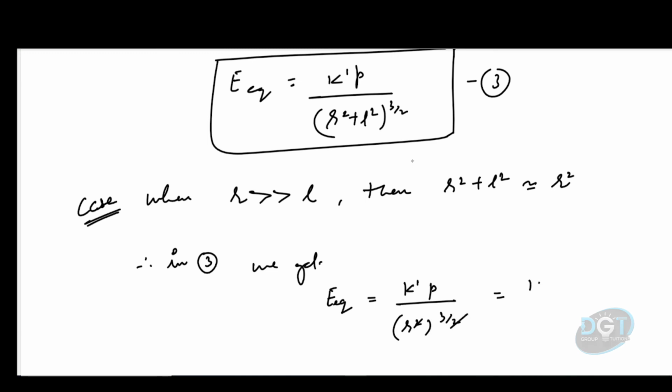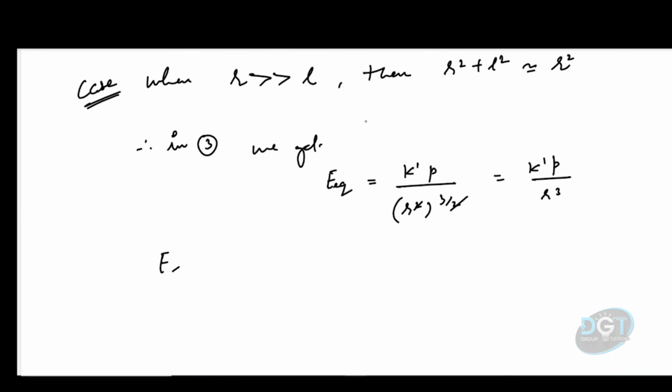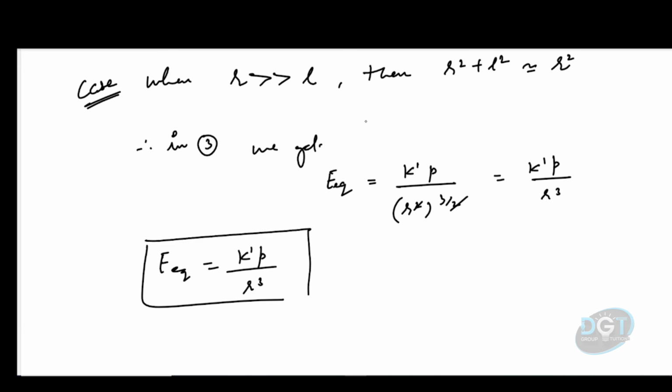This 2 gets cancelled. This becomes K dash p upon r cube. So ultimately we get E equatorial as K dash p upon r cube. So this is electric field at any equatorial point due to an electric dipole which is short. Short as in when r is much greater than L, it automatically means it is a short dipole. So this is the expression.